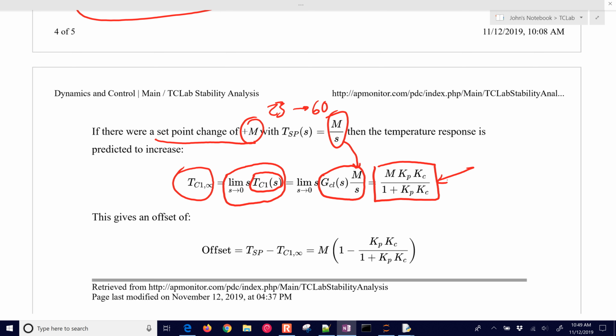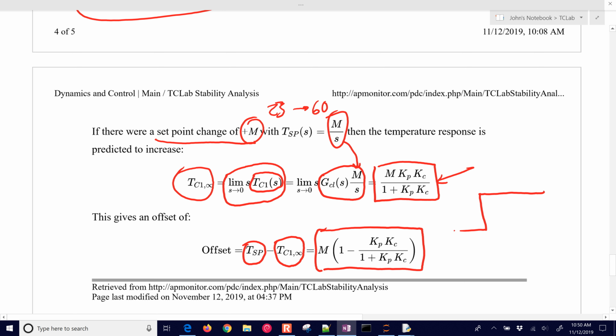And so the offset is going to be what we asked it to go to in terms of temperature set point minus what it eventually goes to. And for a P-only controller that's non-integrating, there's going to be some offset. So the temperature set point is requested, but this might oscillate, and there's going to be some persistent offset in the end.